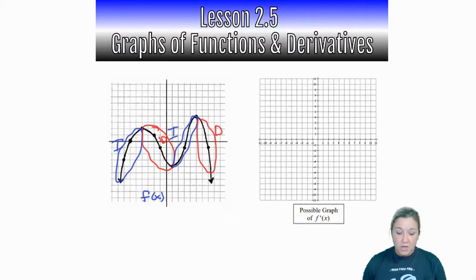So remember that if it's increasing, my f prime of x is going to be positive, and if it's decreasing, my derivative is going to be negative. I'm going to have a positive all the way up until this x value here, which looks like -4. So it's going to be positive up to -4.